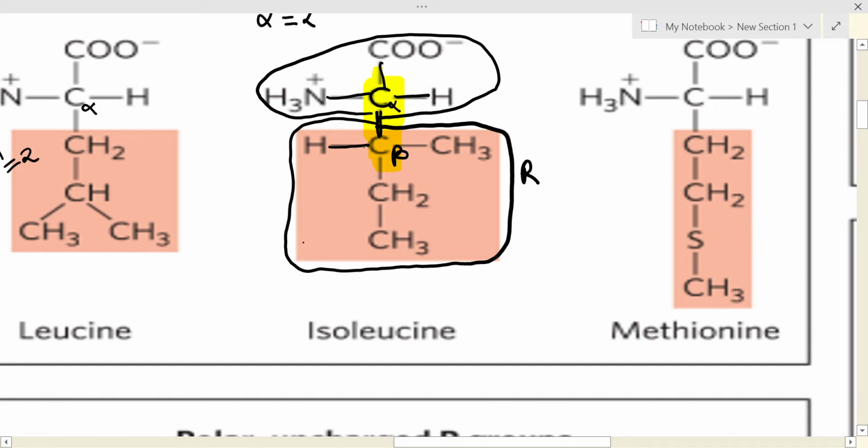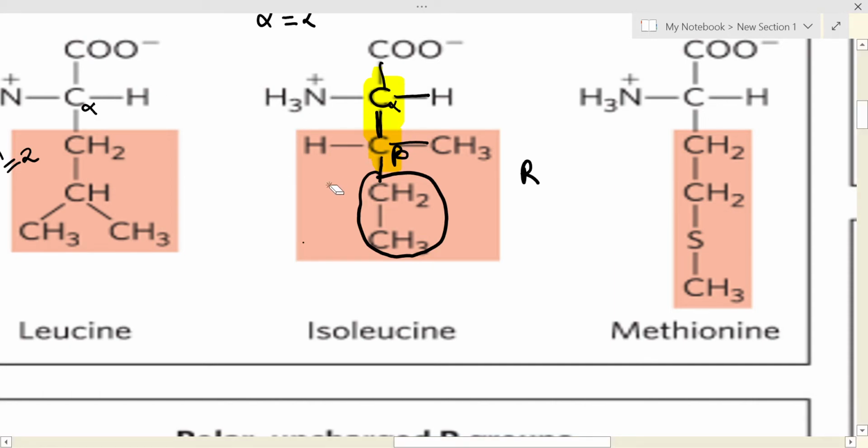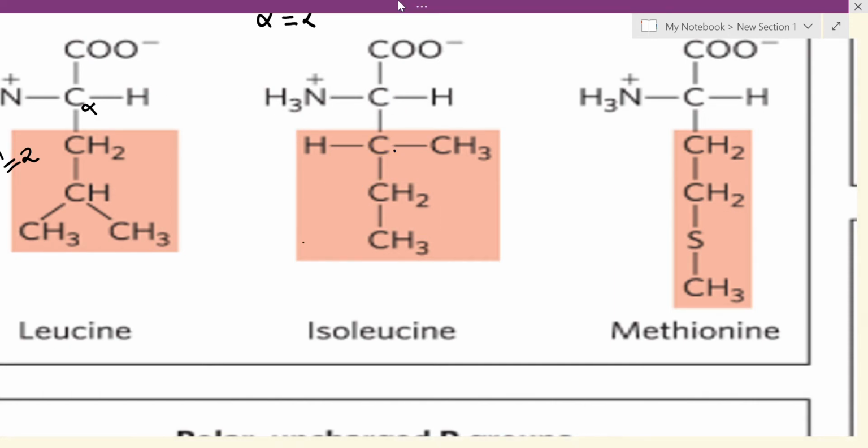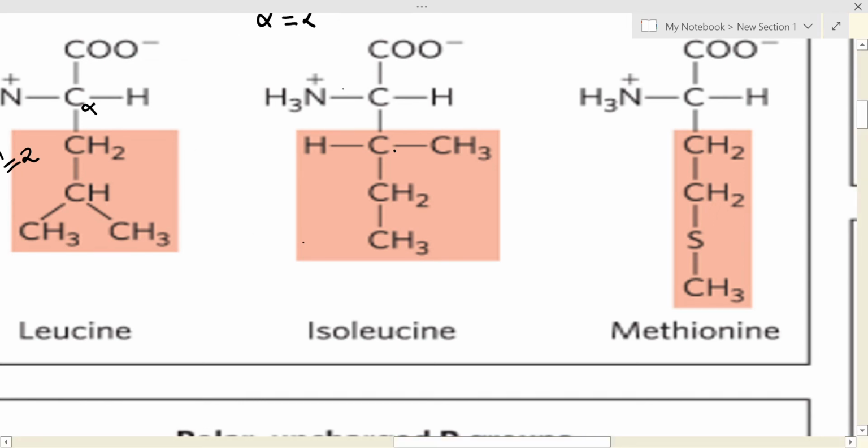So bond first, bond second, bond third, and bond fourth. Bond fourth means this whole part. So all the 4 bonds here in case of beta carbon are different. So carbon alpha and carbon beta, these 2 are chiral in nature because all the 4 bonds are different. So let me write here, isoleucine has 2 chiral carbons.